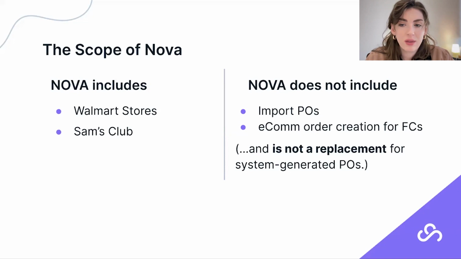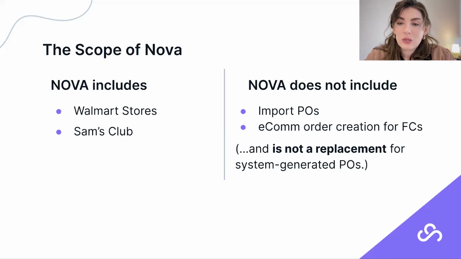We're seeing that with Luminate. DSS didn't have as many e-com functionalities, and we're seeing that with Illuminate. So I would keep a lookout for that, but as of now, I believe e-com order creation for FCs is not included.